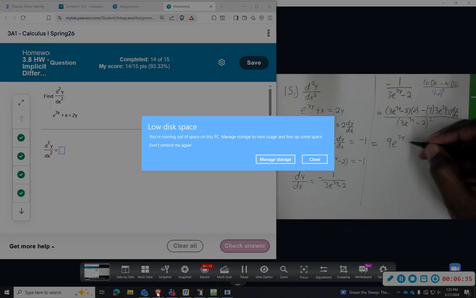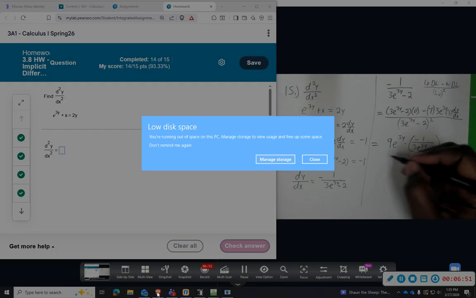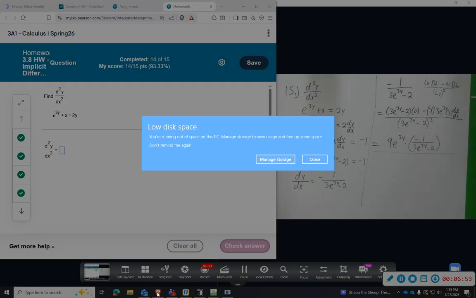All right, now the dy dx, so this is going to be times a negative 1 over 3e to the 3y minus 2, all over the bottom squared, 3e to the 3y minus 2 quantity squared.